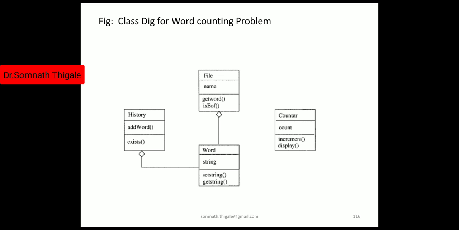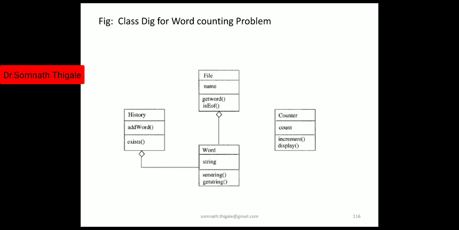This is the class diagram. A class is a rectangle with 3 compartments. For example, file is the class name, with attributes, and operations or methods such as how your file class gets a word, and get word is EOF, end of the file. The diamond and straight line represent a part-of relationship.